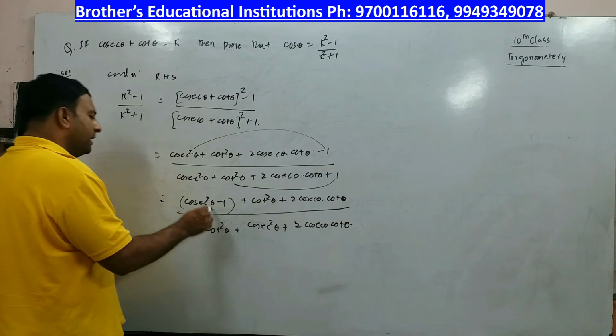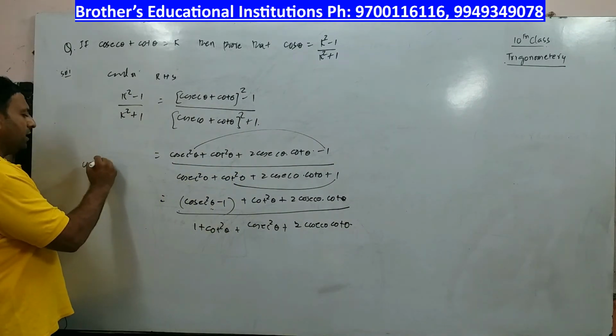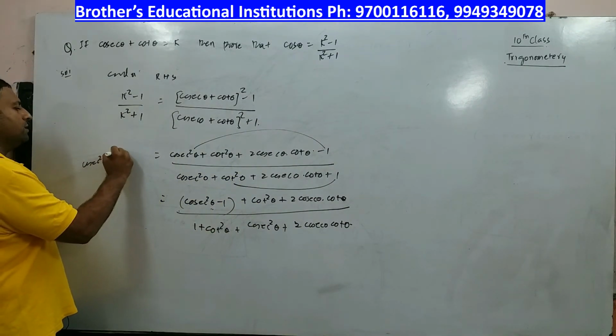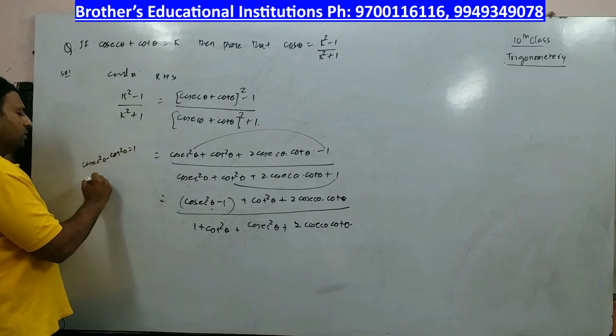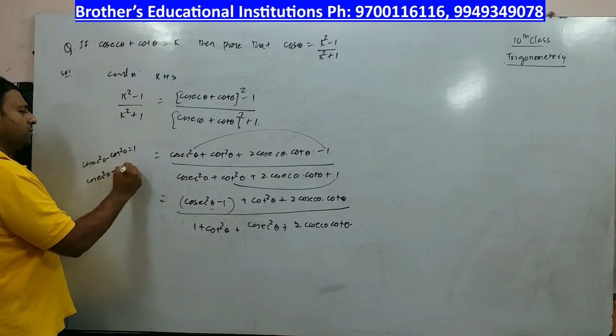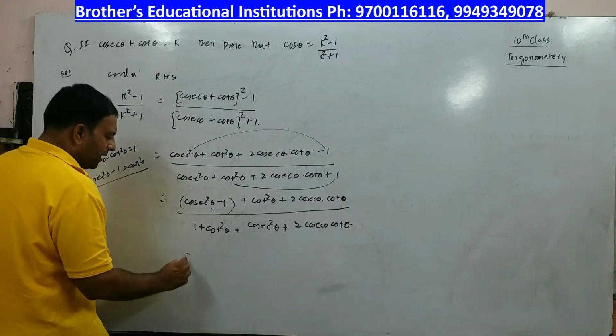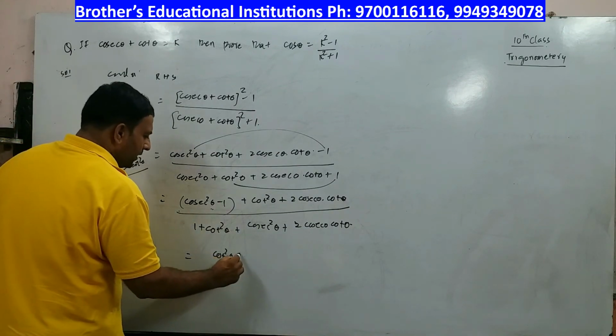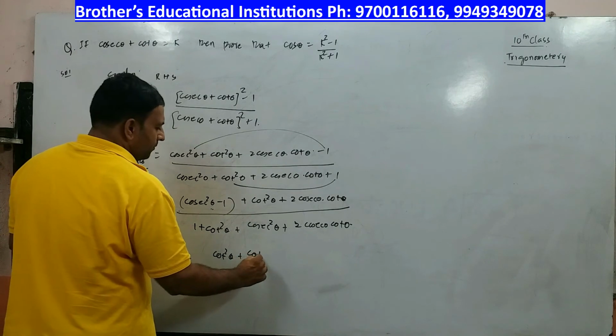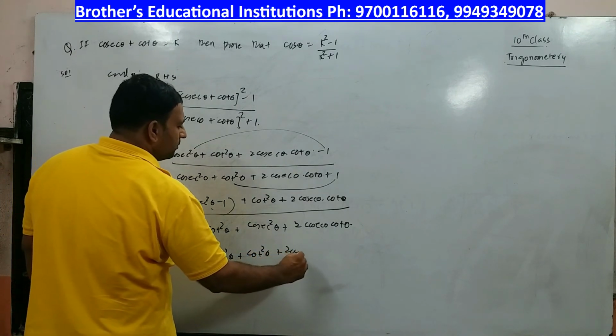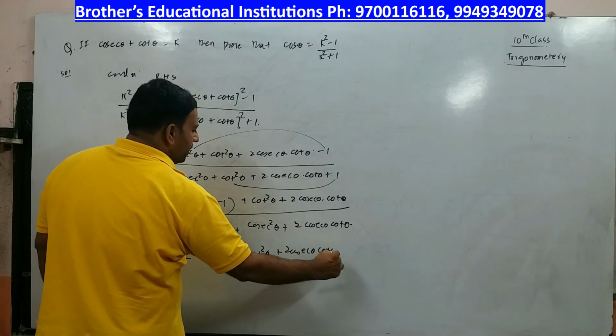Now it's an identity. What is the identity? Cosecant square theta minus cot square theta is equal to 1. So cosecant square theta minus 1 is equal to cot square theta. So cosecant square theta minus 1 can be written as cot square theta, plus cot square theta plus 2 cosecant theta into cot theta.